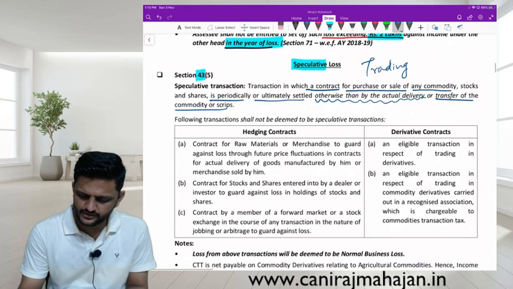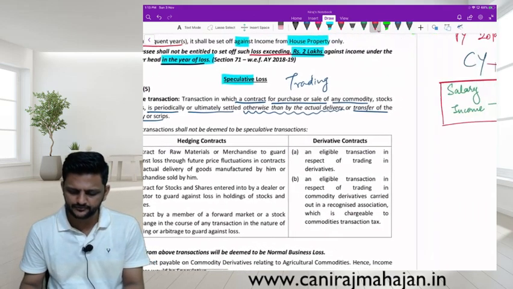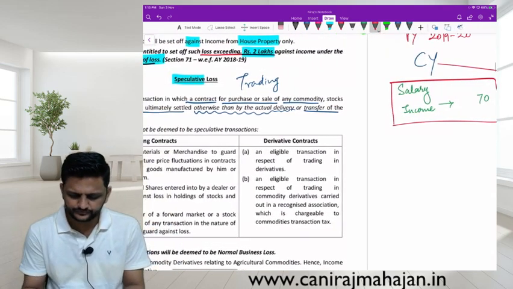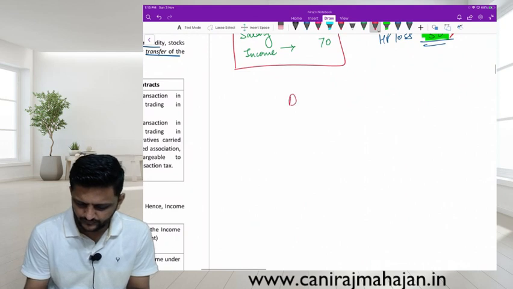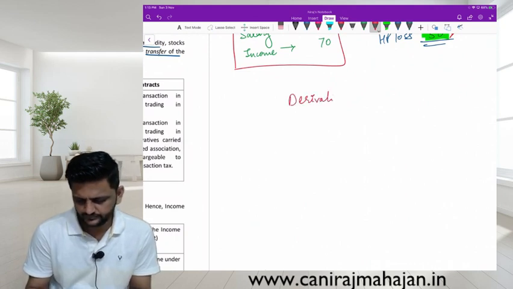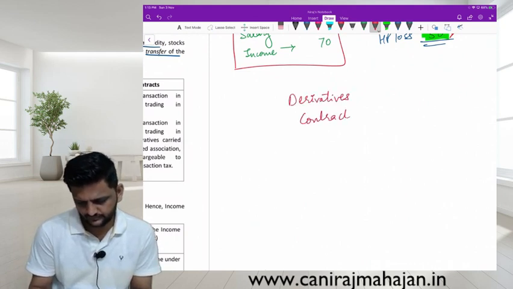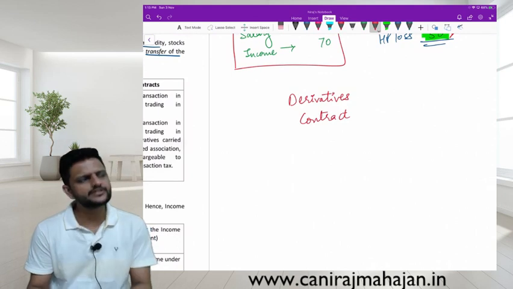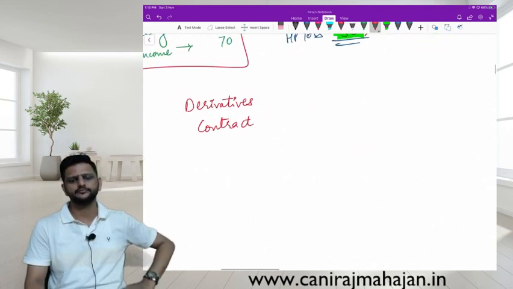Now there is a concept of derivatives contract. Did you have this in the Contract Act?